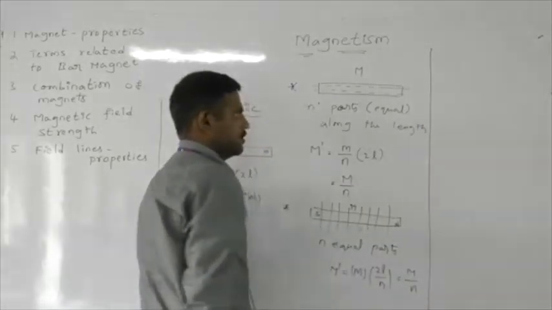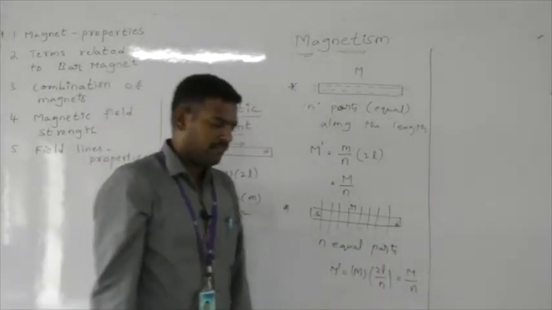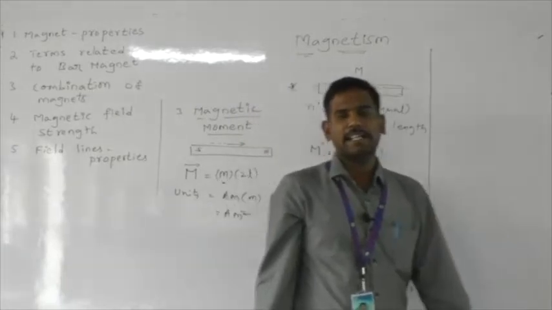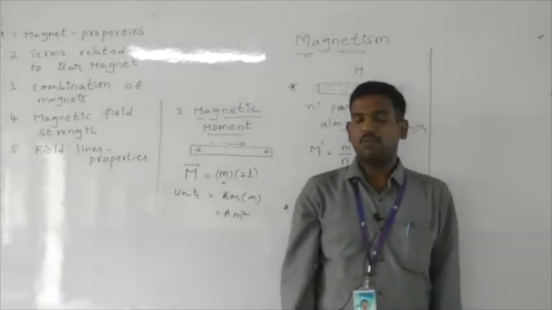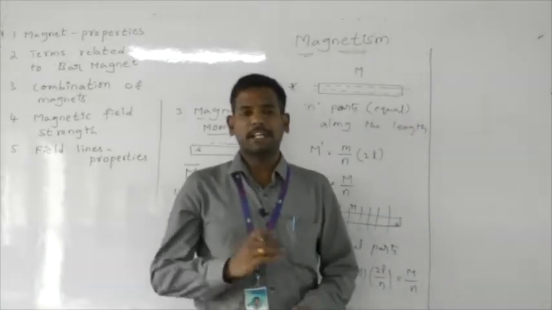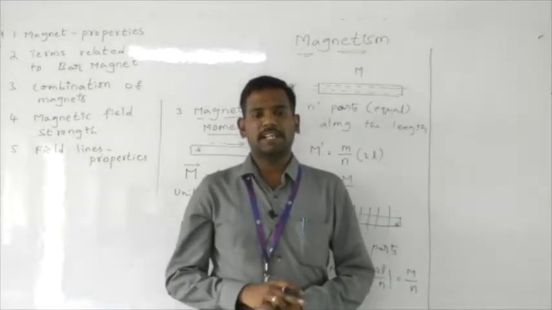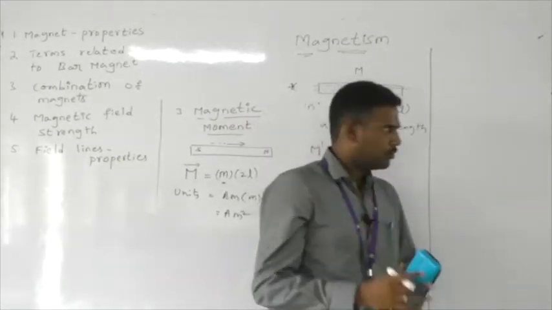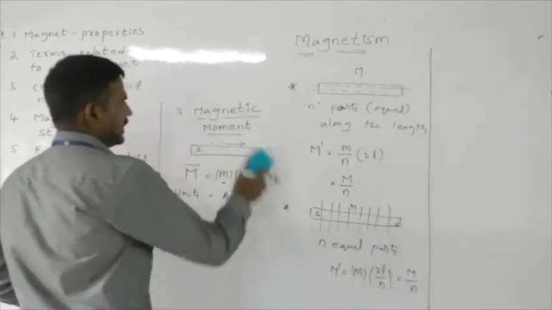Now, let us know what will happen when two bar magnets are aligned at different angles. I mean, what will be the resultant magnetic moment when the two bar magnets are aligned at some angle. Let us look into this situation.